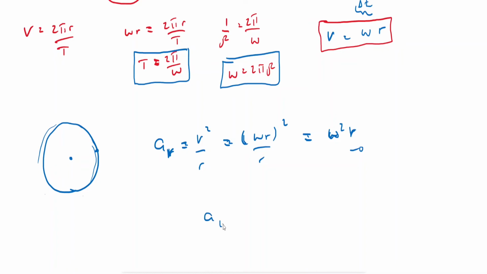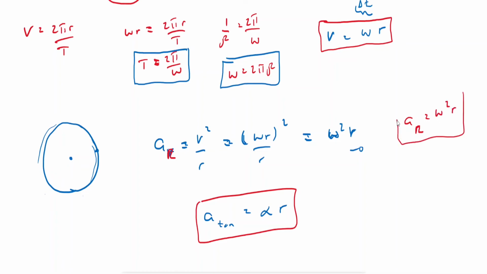So the tangential acceleration is going to be given by this, right? I'm just going to bring all of them together. These are the important equations. a_r, let me use capital letter R because I've been using capital letter R, is omega squared R, very important.